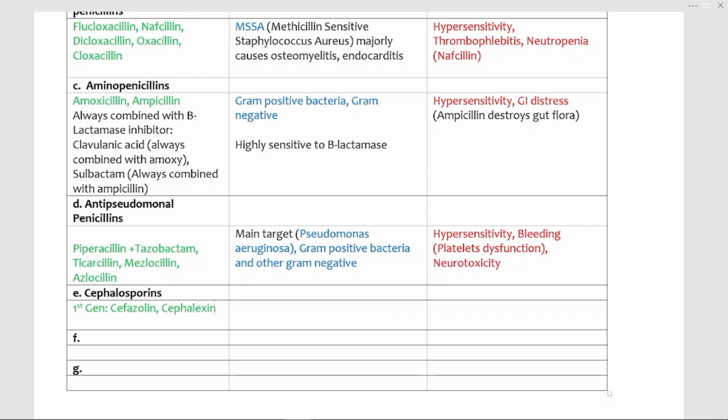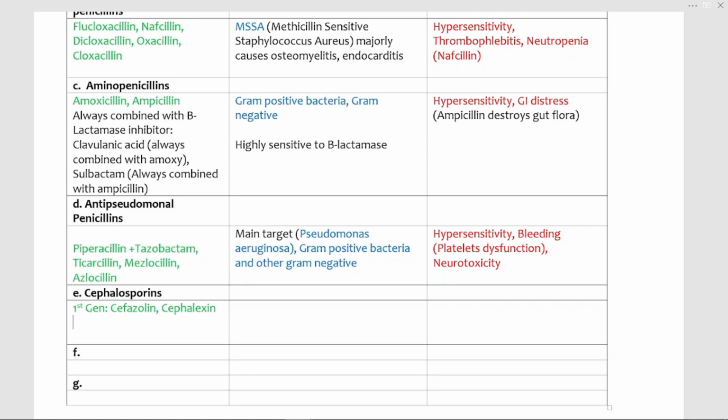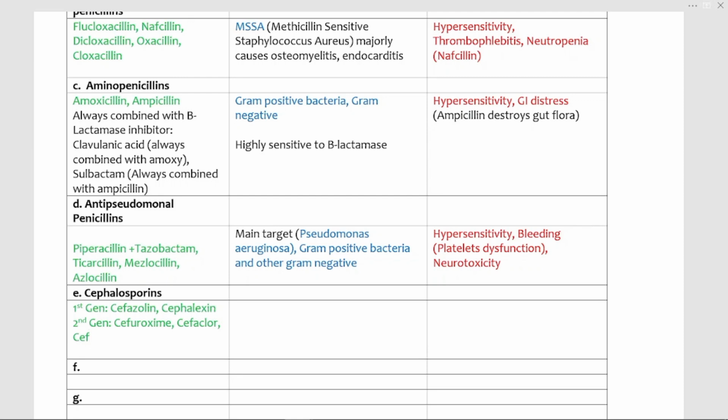So cefazolin and cephalexin are the first generation. When it comes to second generation, here we have cefuroxime, we also have cefaclor, and also cefoxitin. So those are the major second generation cephalosporins.